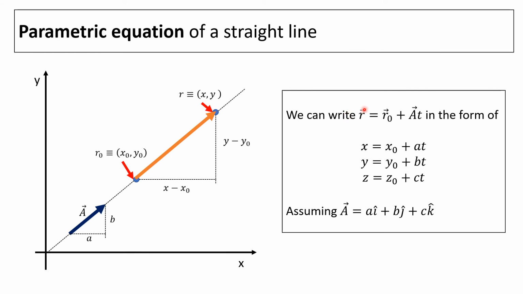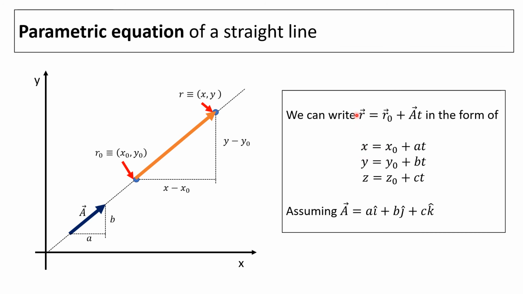So when we write r equals r0 plus at, we have to recall that r and r0 basically are made up of the coordinates of the points. So for 2D you have xy, for 3D you have xyz. So when you write the parametric equation, basically you write it in terms of the components.